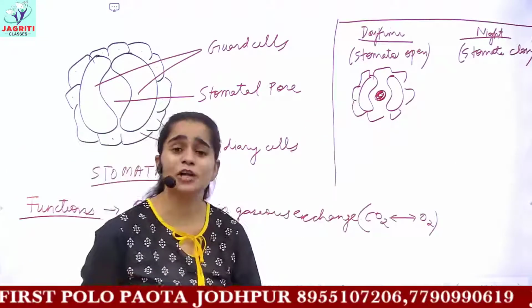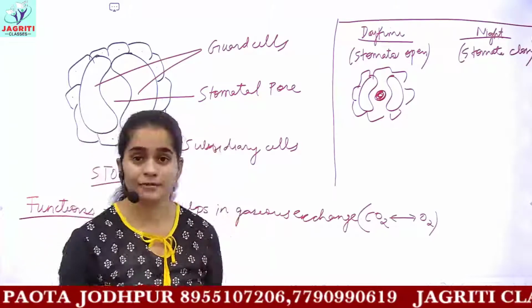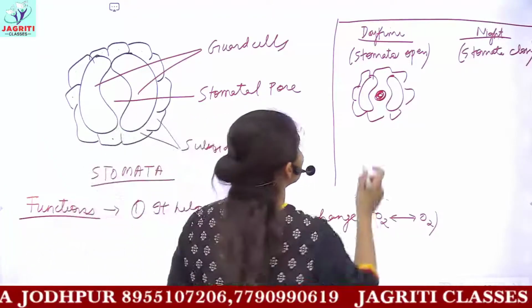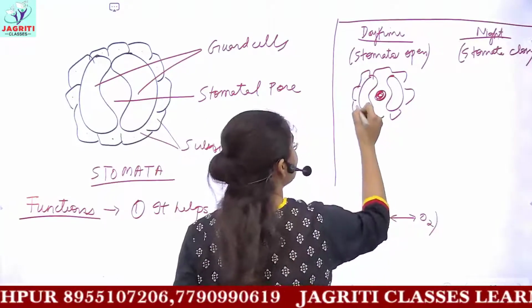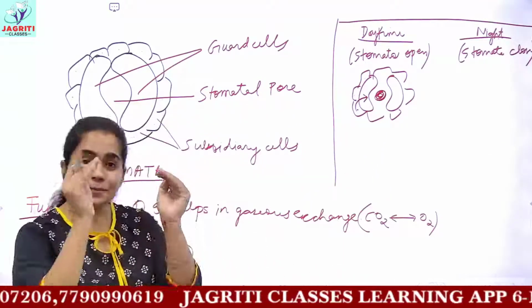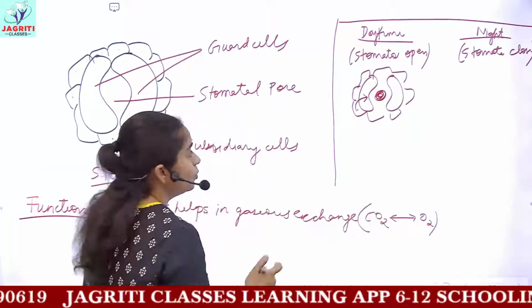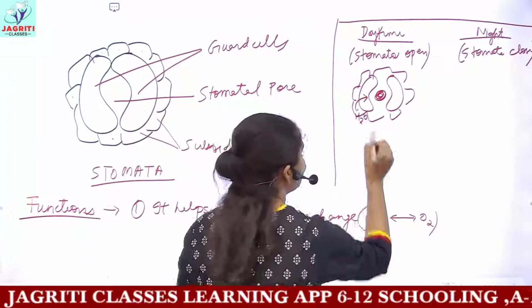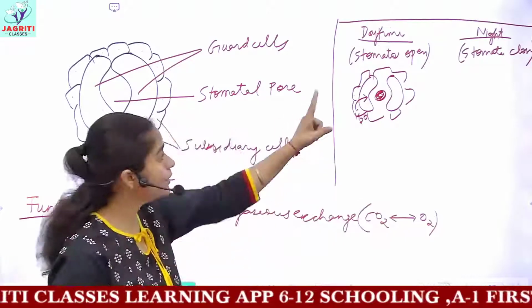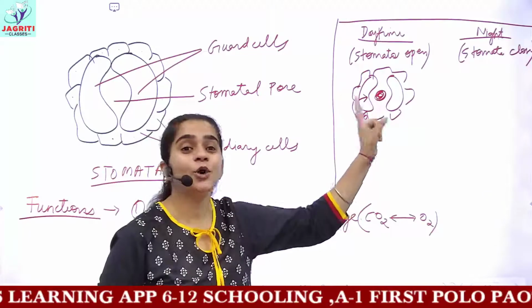Why does the stomata open? What makes the guard cells swell up and move away from each other? It is the entry of water from the subsidiary cells to the guard cells that makes them swell up, and then the stomata opens ultimately. So when the concentration of water is more in your subsidiary cells compared to guard cells, then your stomata would open.